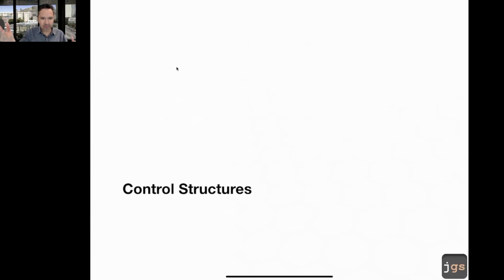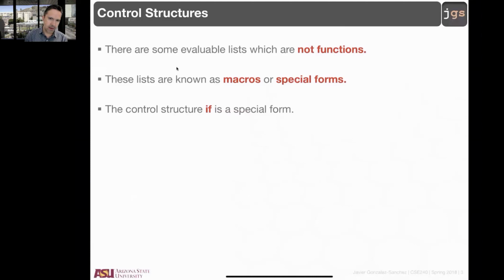We need that. We have that in every single language that we have reviewed. So something should be here to give us access to those different paths of execution, loops, conditions. Now, the control structures. The control structures in LISP are not considered functions, even though they look like a function.